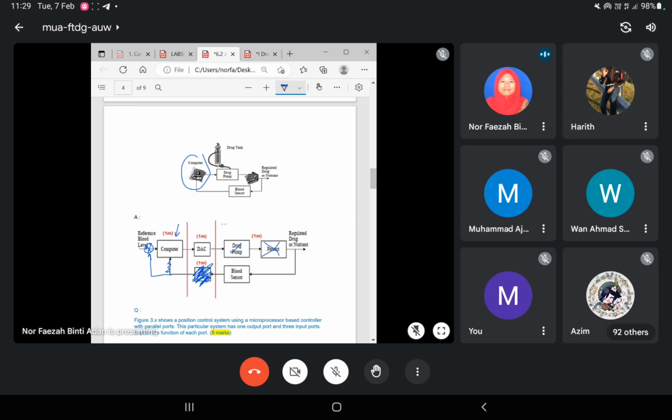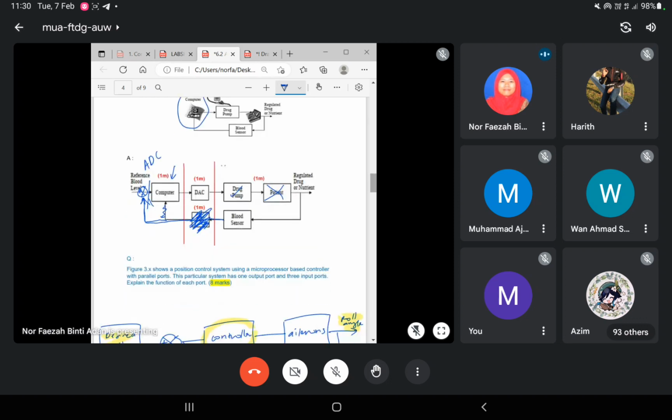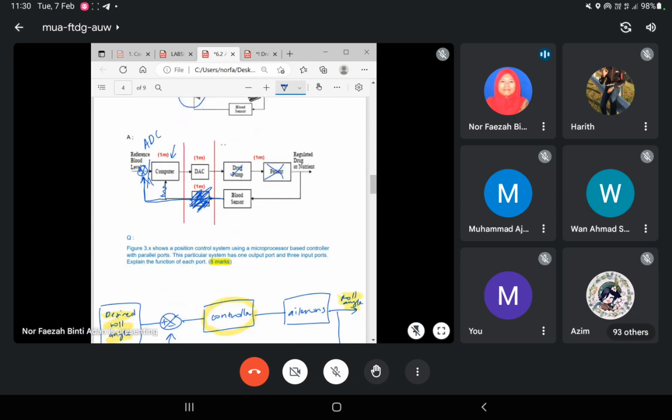So it goes to the blood sensor as your feedback and then straight to the summing junction and it will be compared with your reference blood level, goes to the computer, and then from the computer you ada an ADC. So ni saya betulkan lah jawapan dia sebab you can draw it in 2 ways. Okay, either you put ADC before computer or you put ADC in both part. Satu after blood sensor, satu after reference blood level.